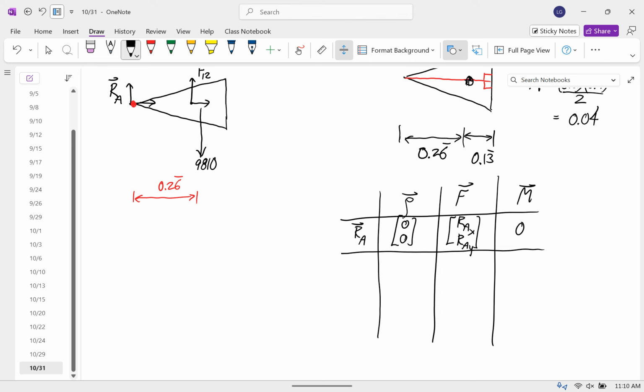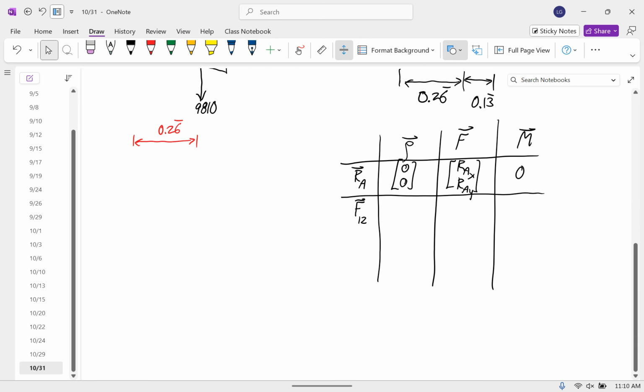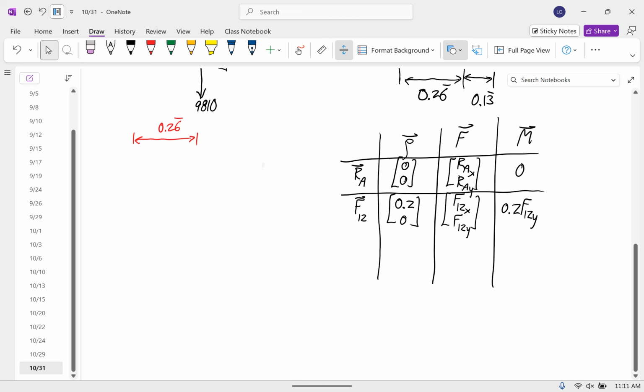Then my F12, I did get all the forces right, yes. F12, the rho vector is 0.2, 0. The force is F12x, F12y. Cross product is 0.2 F12y.